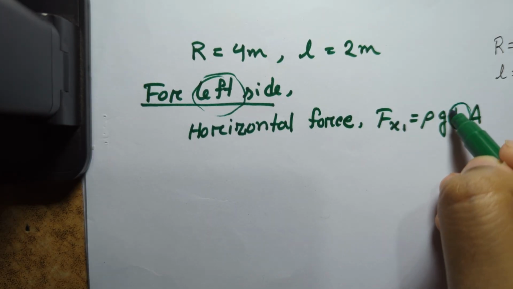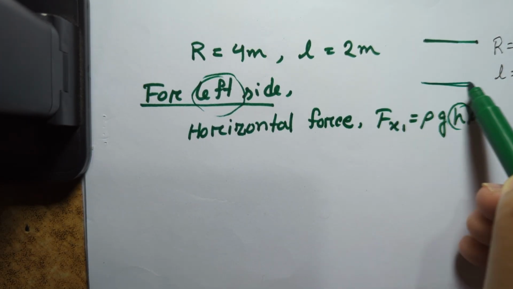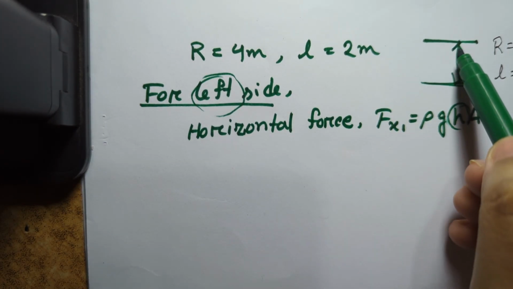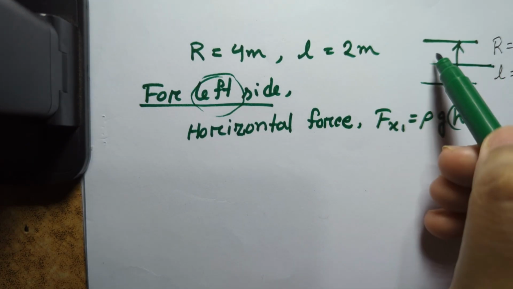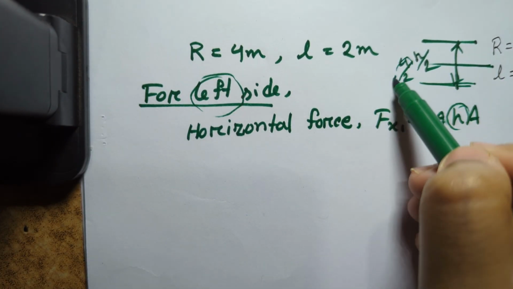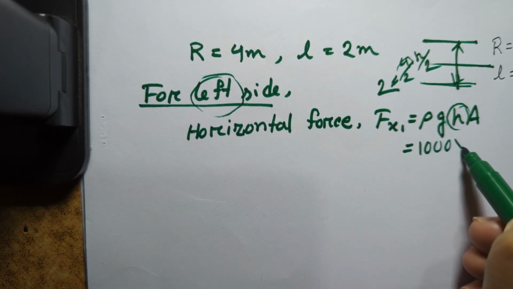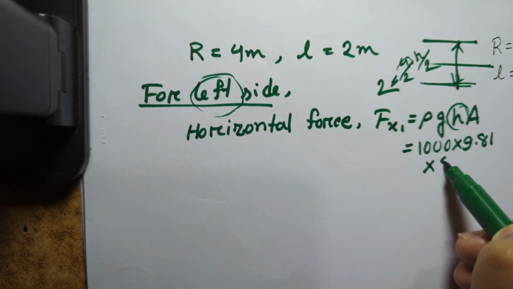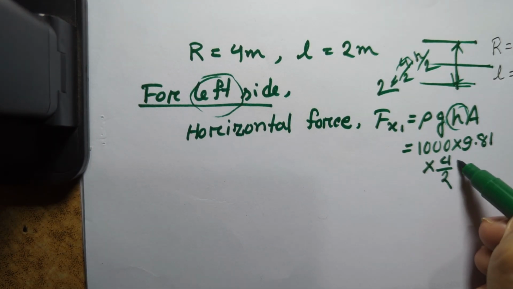Here how much is h? From the upper part of the watery surface to the lower part divided by 2, because the centroid of this fluid is at the middle of this fluid. So total h divided by 2, means 4 divided by 2, means 2. So this will be 1000 into 9.81 into 2, the centroid height, into area.